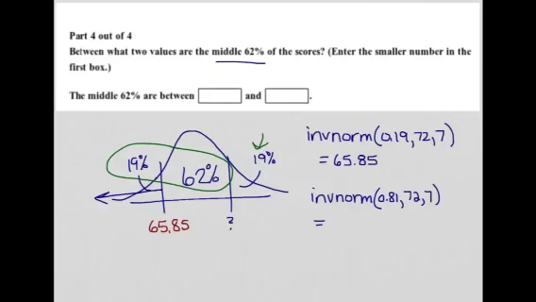And that gives me 78.15. So now I have the two values that bound the middle 62%. And that's how you do that problem.